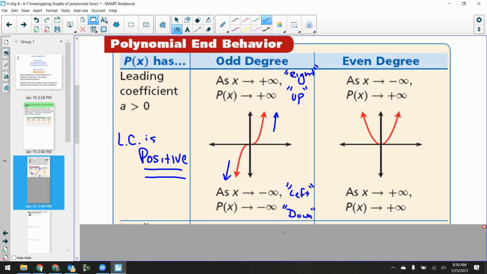Notice that this is saying as x approaches negative infinity, so on the left, as x gets smaller and smaller, the function goes up. Up on the left. As x approaches positive infinity, on the right, the function goes up. Notice that for even degree, they go the same direction, which is the pattern that we saw in the last slide, but they both go the same direction, they both go up.